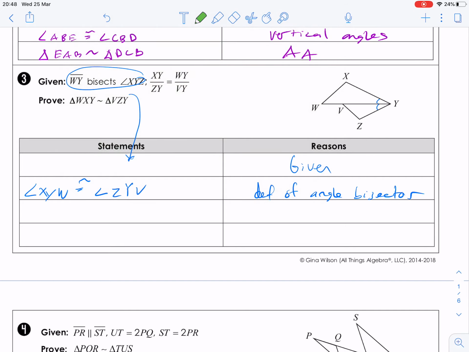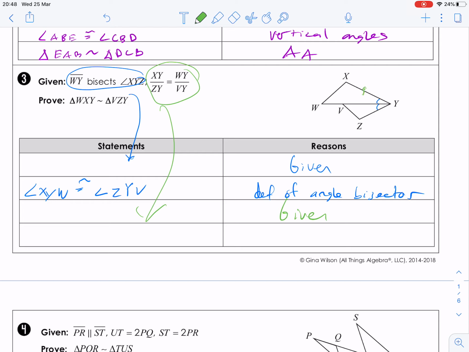Let's change colors here. It also says XY to YZ is proportional. So let's put that as our given. XY to YZ, as WY equals VY. That means they're proportional. I'm not going to say they're equal, but how do we say this?